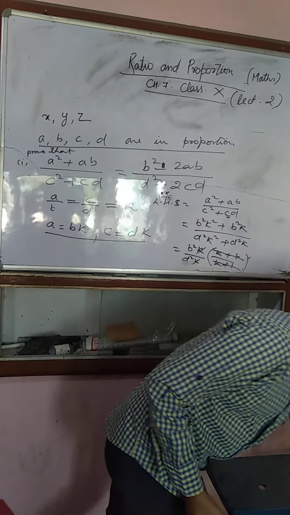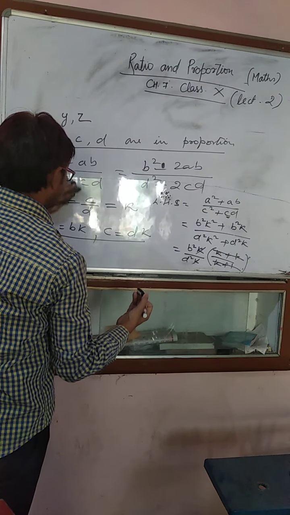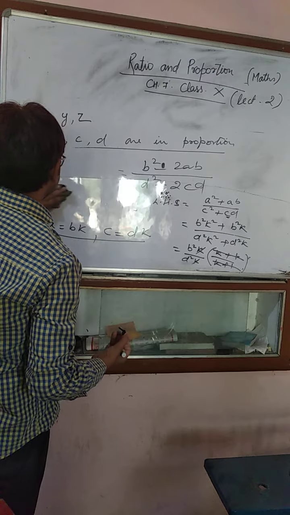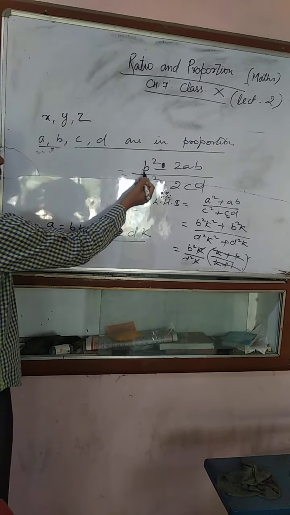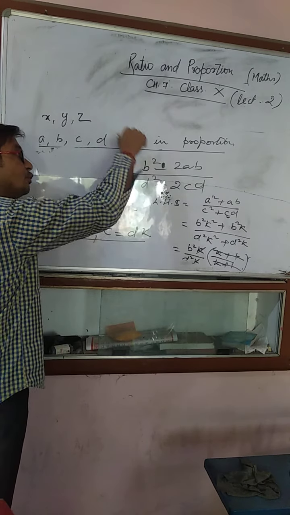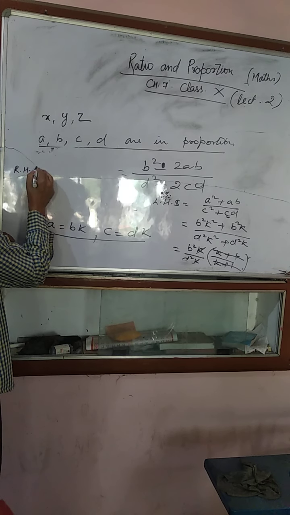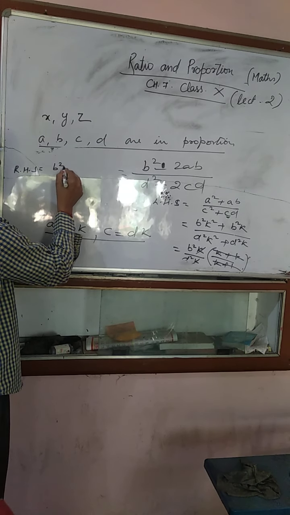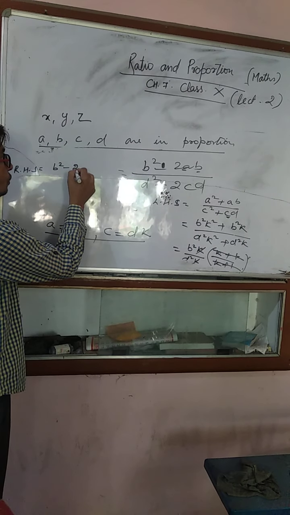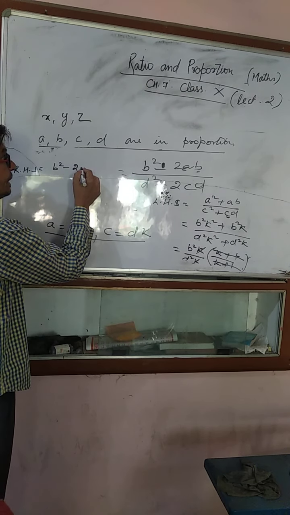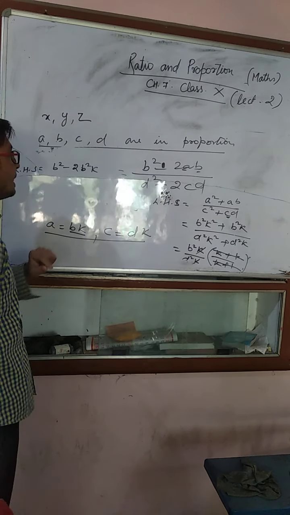After that, let us consider RHS. RHS is b square minus 2ab upon d square minus 2cd. Now substitute the values: the value of a is bk, so b square minus 2 into b square k.